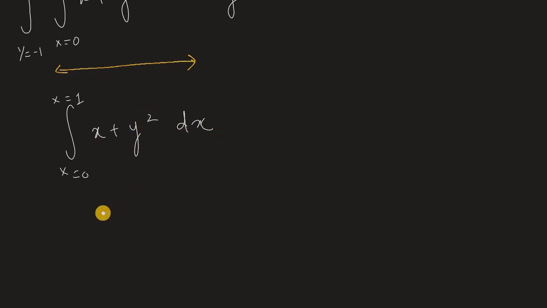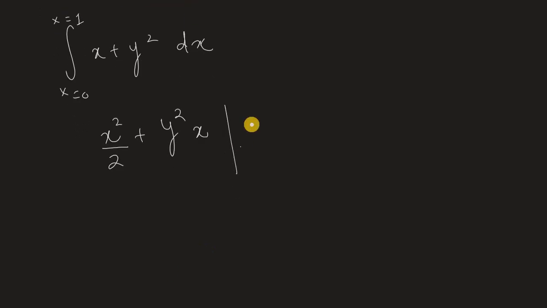So we're only integrating the x, which is going to be x squared over 2, and then since y squared is a constant, we'll simply write an x in front of it. Okay, so this is like a simple integration problem, right? I hope you guys know how to do integration at this point. x equals 1 to x equals 0.